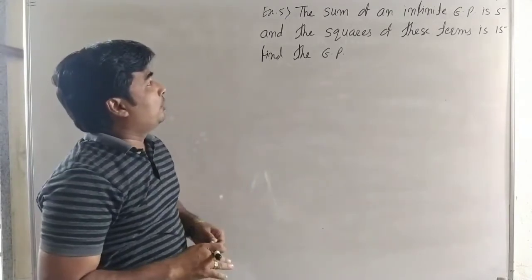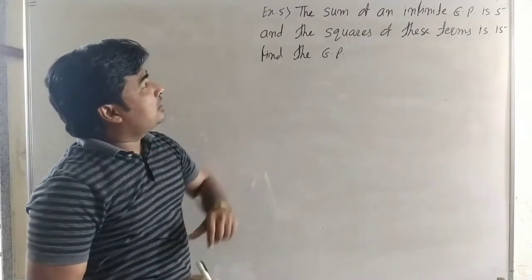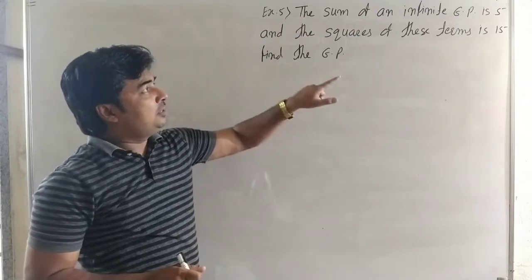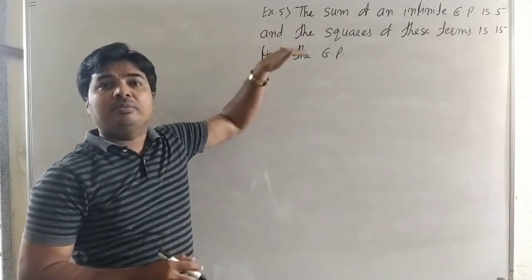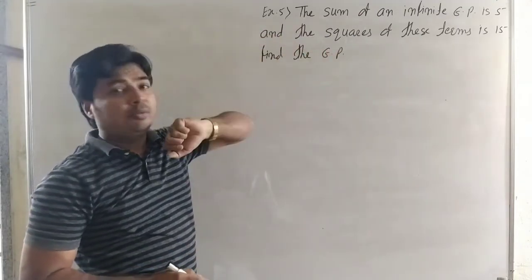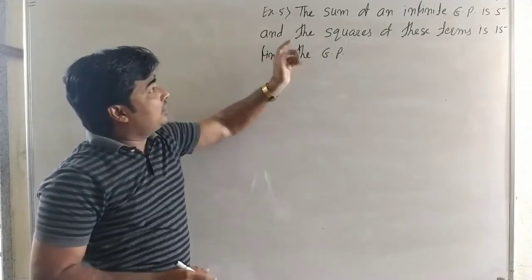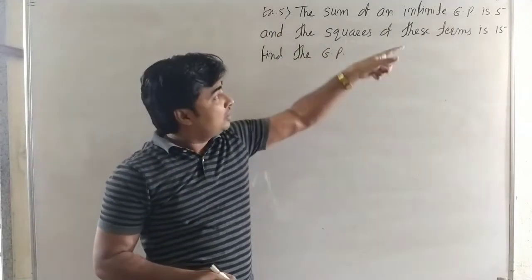Okay, now here the sum of an infinite GP is 5, sum of the infinite terms is given as 5, and the second condition is that the sum of the squares of these terms is 15.